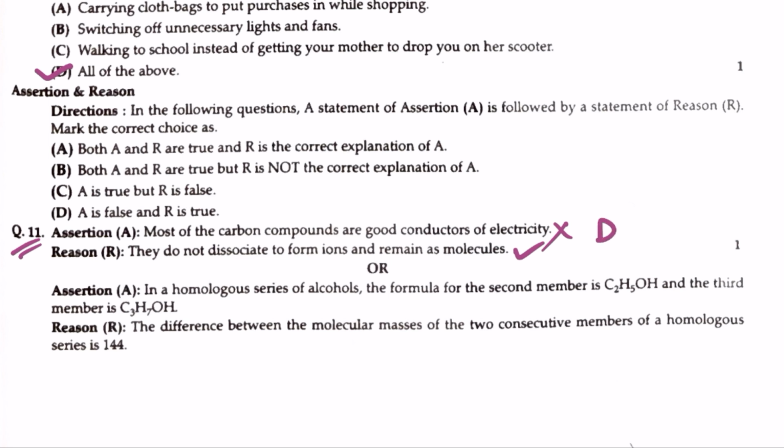Second part of question 11. In a homologous series of alcohols, the formula for the second member is C2H5OH and the third member is C3H7OH. Reason is the difference between the molecular masses of the two consecutive members of a homologous series is 144. Second member means 2 carbon.